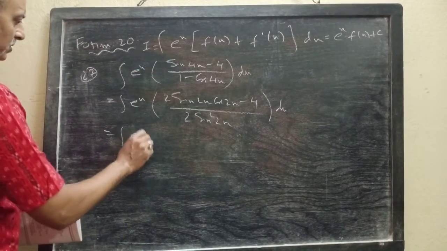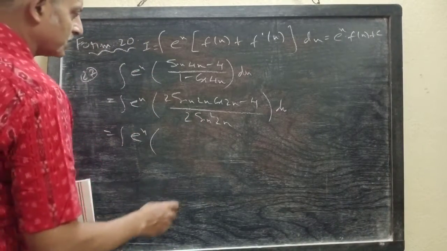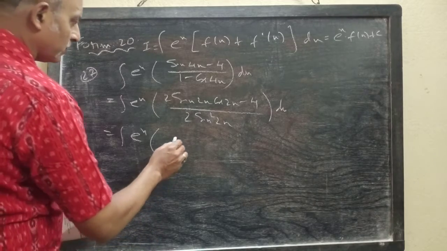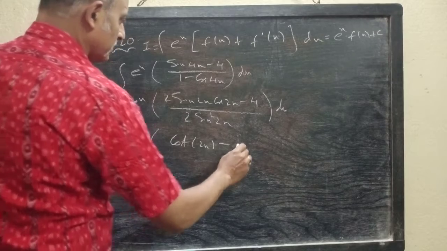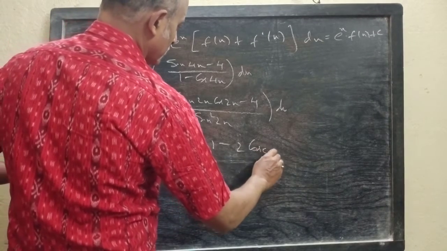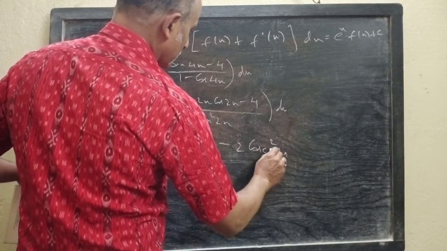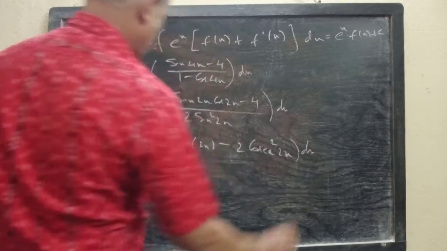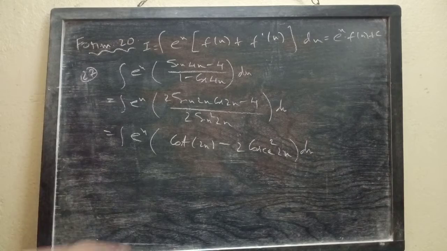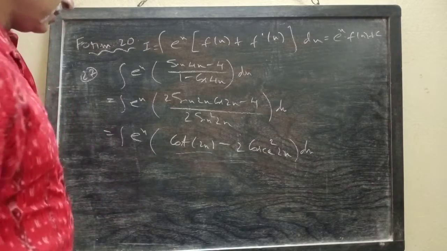This becomes e to the power x. This is cot of 2x, and this is 2 cosec square 2x dx. Look, this is f(x), this is f dash x.